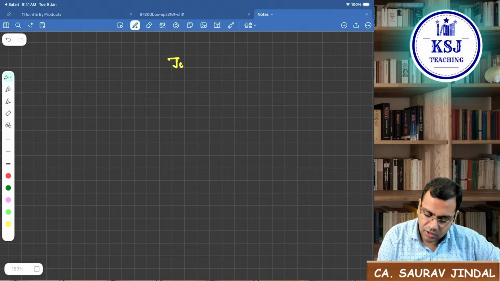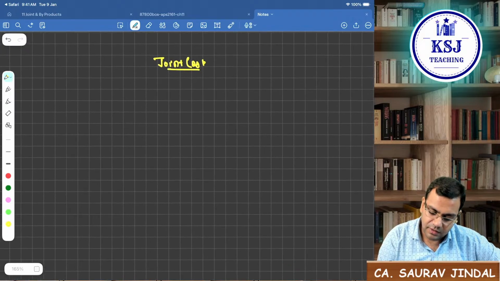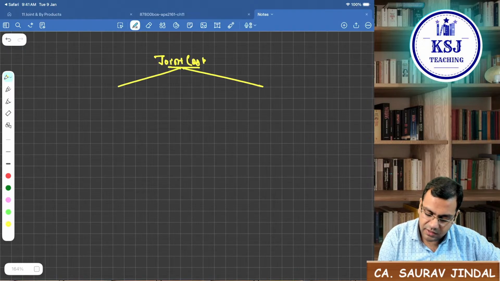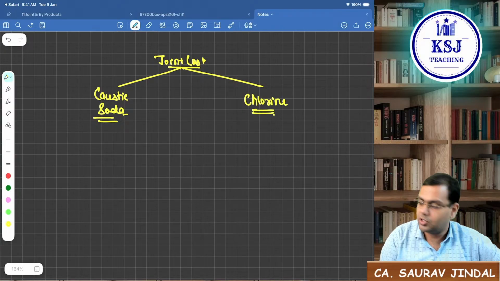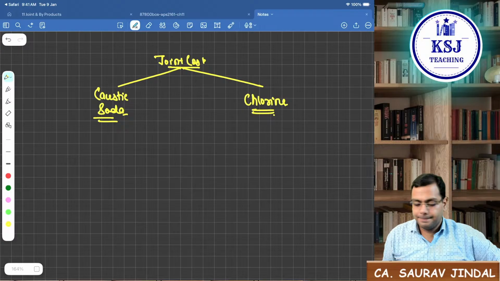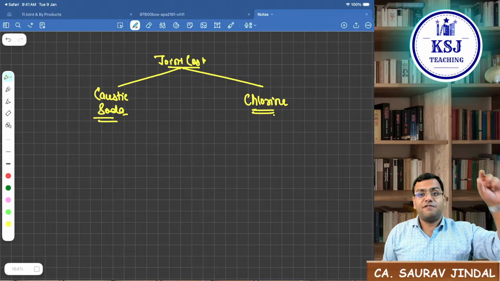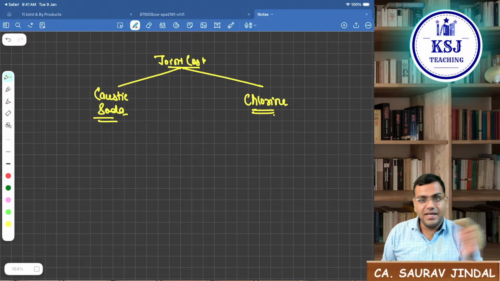The joint cost is to be distributed between caustic soda and chlorine. In how will you distribute now? On the basis of NRV. For NRV, what is the thing that we take? Final sales value minus FPC.